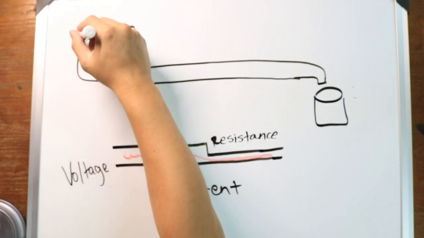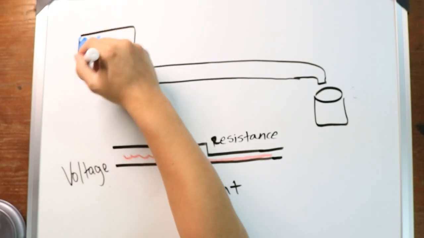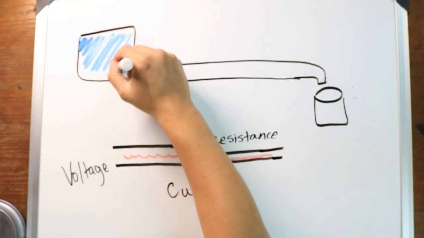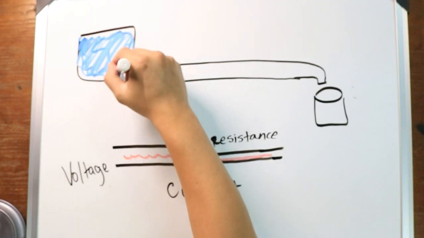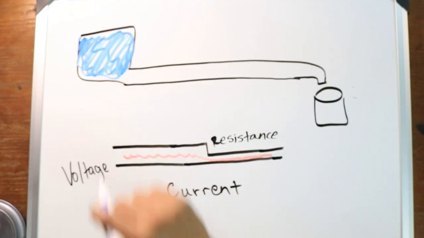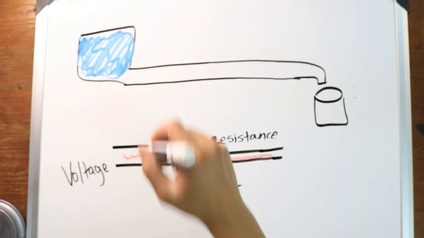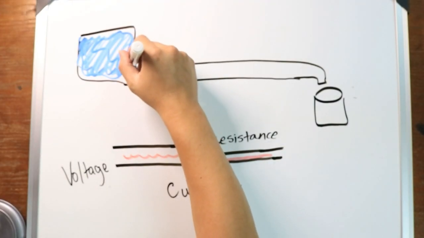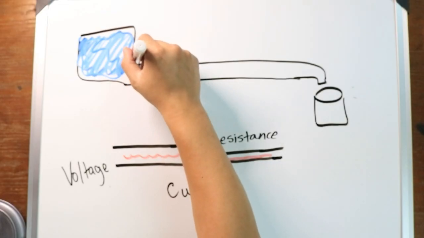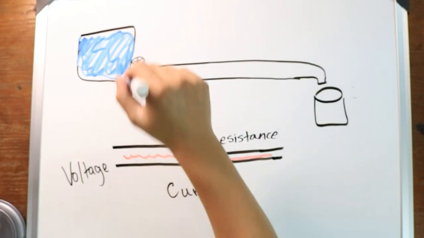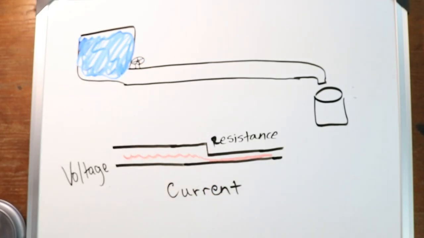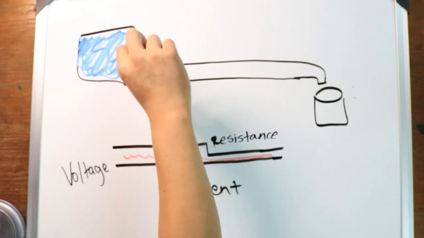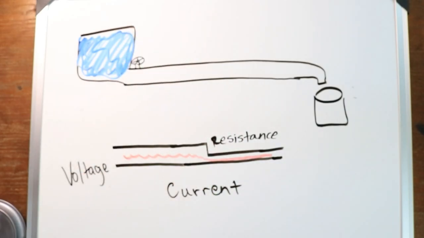If you were to fill this water tank full with water, and let's say you have like a little spigot. Okay, if this tank was full of water, when you open that spigot, what happens to that water?